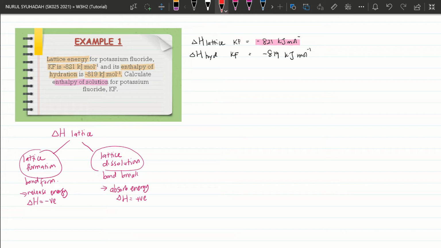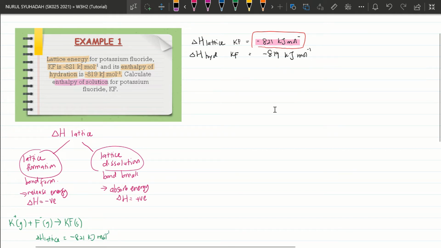That's why I have the information here: negative 821 kJ per mole actually corresponds to lattice formation. Lattice formation here means K plus gas plus F minus gas to produce KF solid. So the delta H lattice over here is negative 821 kJ per mole.